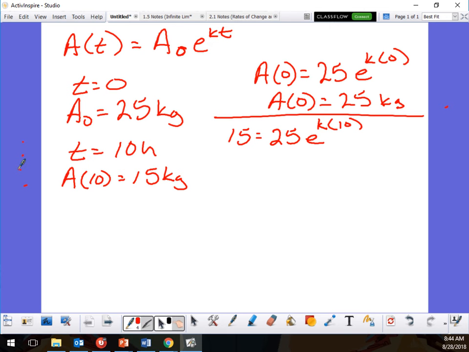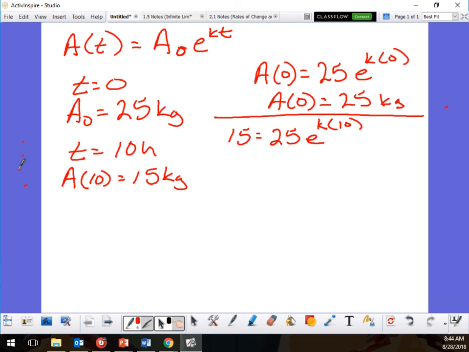Okay, this is the physics stuff. It's just algebra right now. Okay? So, yes, it's been a while since you had algebra, but guess what? I'm going to teach it. Now, this is the point where we have to solve for k.